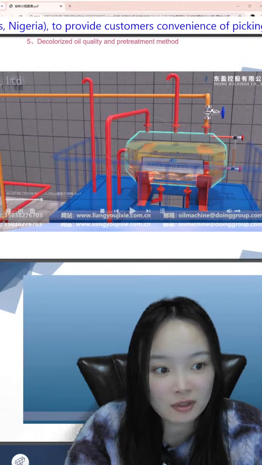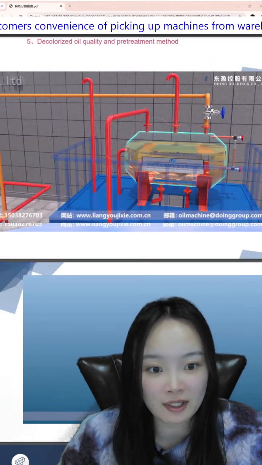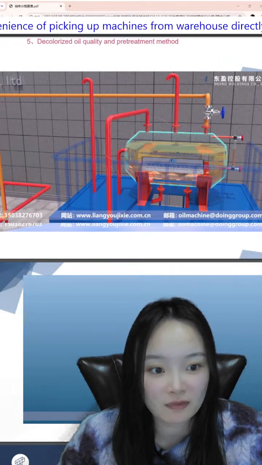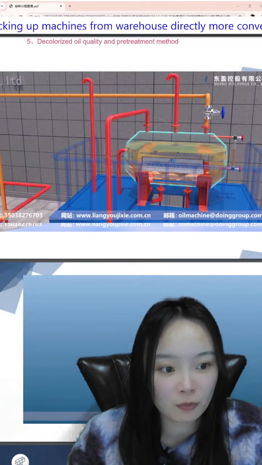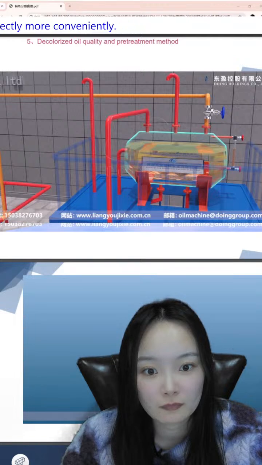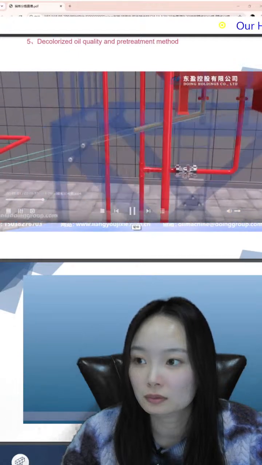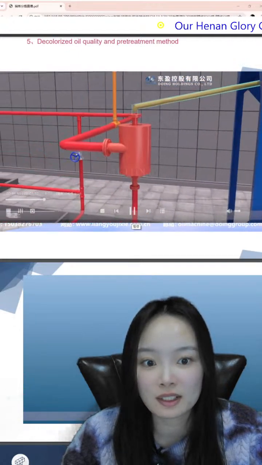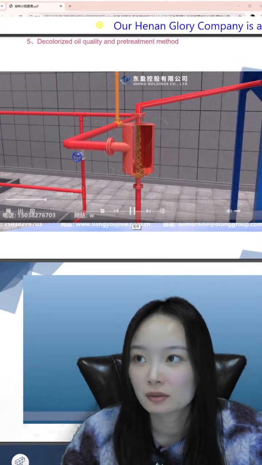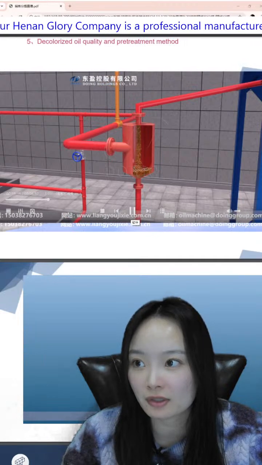The high tank is used to store the separated heat transfer oil, water, and air, to avoid heat transfer oil containing too much water and air affecting the heating effect. And then the heat transfer oil. This is the liquid separator.